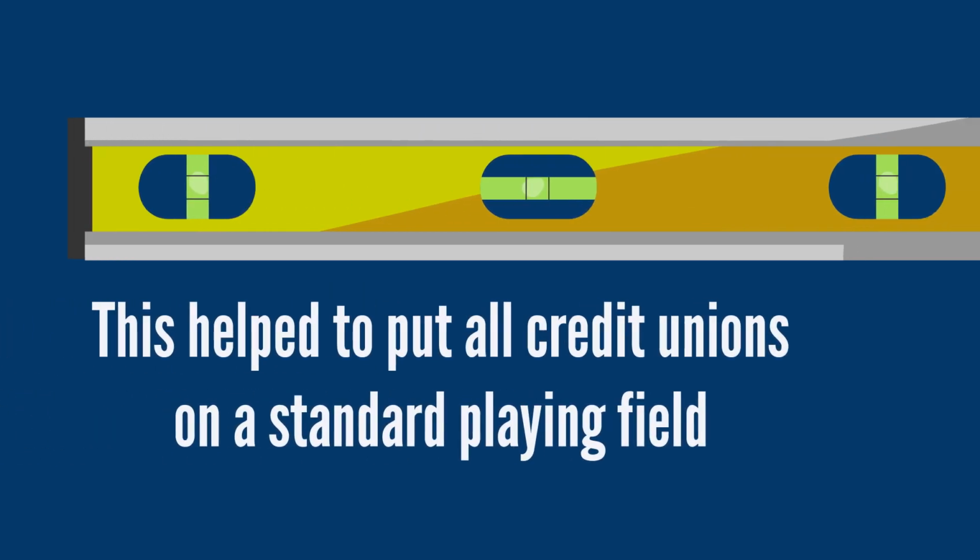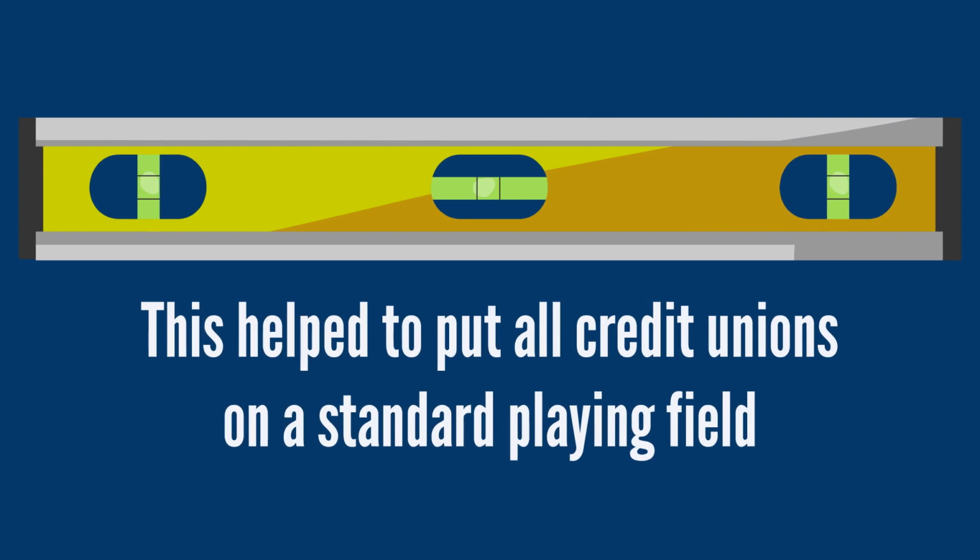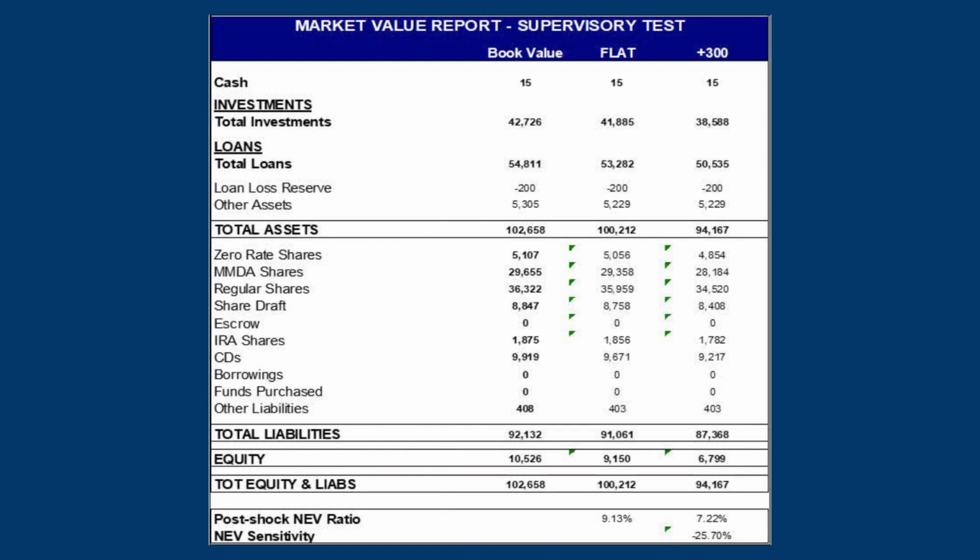So, in 2017, the NCUA mandated that credit unions implement a supervisory test that set a standard discount on all non-maturity liabilities. The idea behind this test is to see how every credit union is projected to perform when using a standard set of assumptions. The examiner will look at how the credit union is projected to perform in the flat and plus 300 environment with these standardized assumptions.